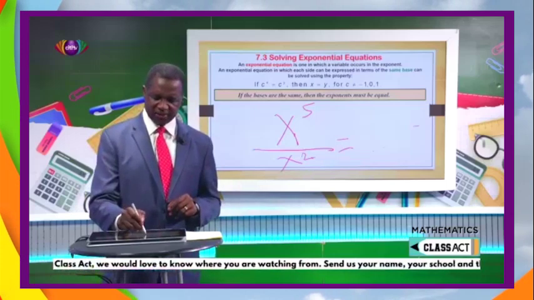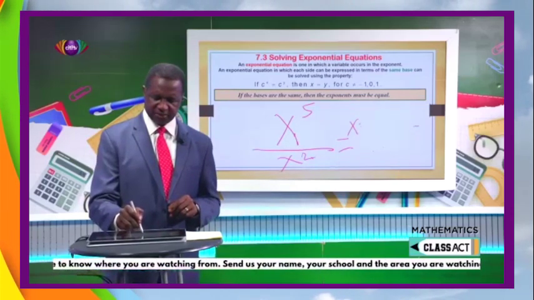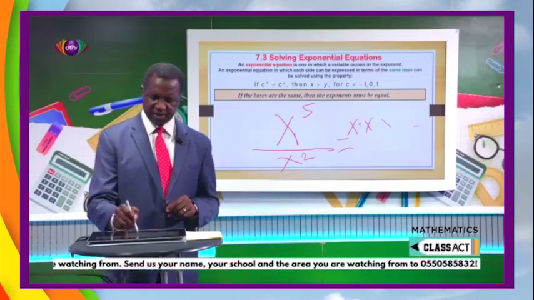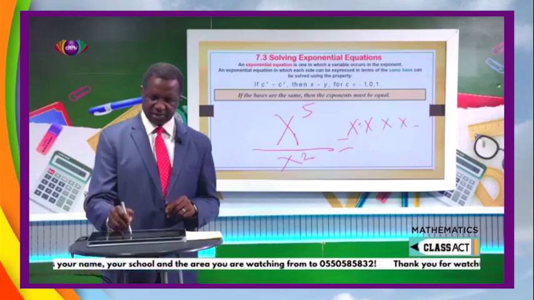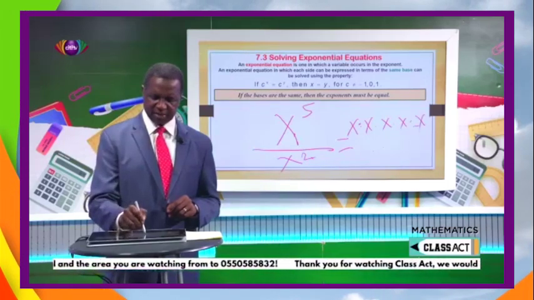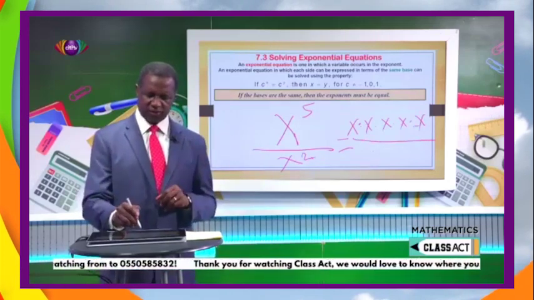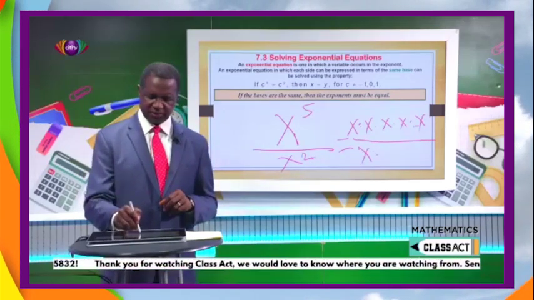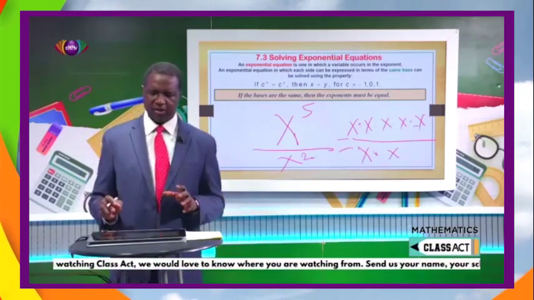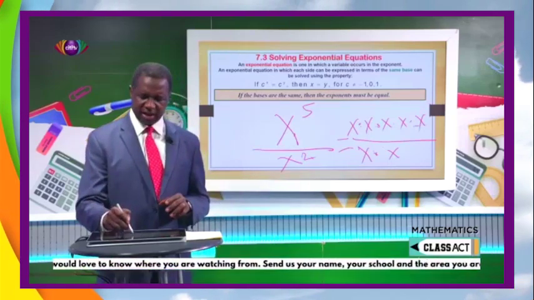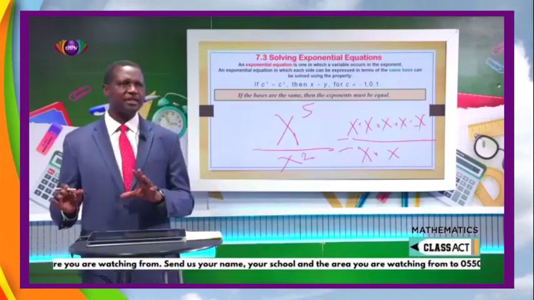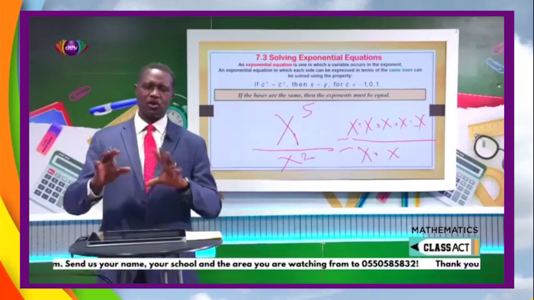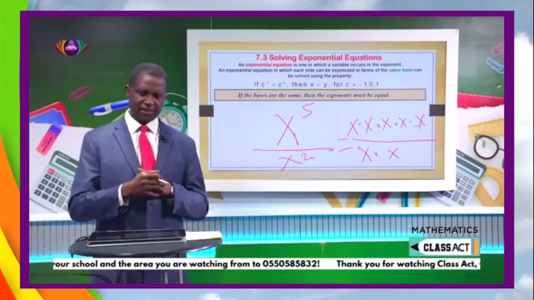So I can expand this: x times x times x times x times x, 5 of them. The bottom is 2 x's, so it's x times x, right? I'm sure since you are in high school, you have looked at the concept of cancellation.